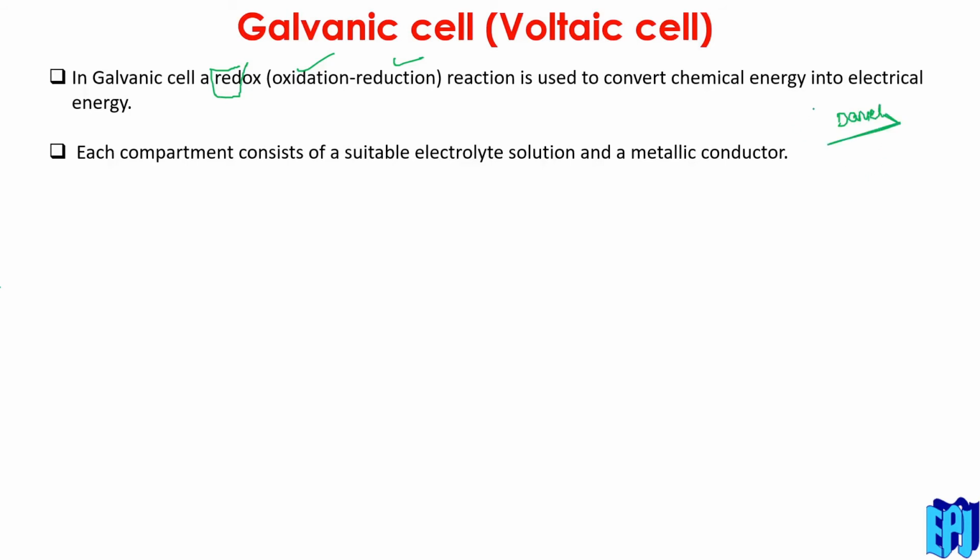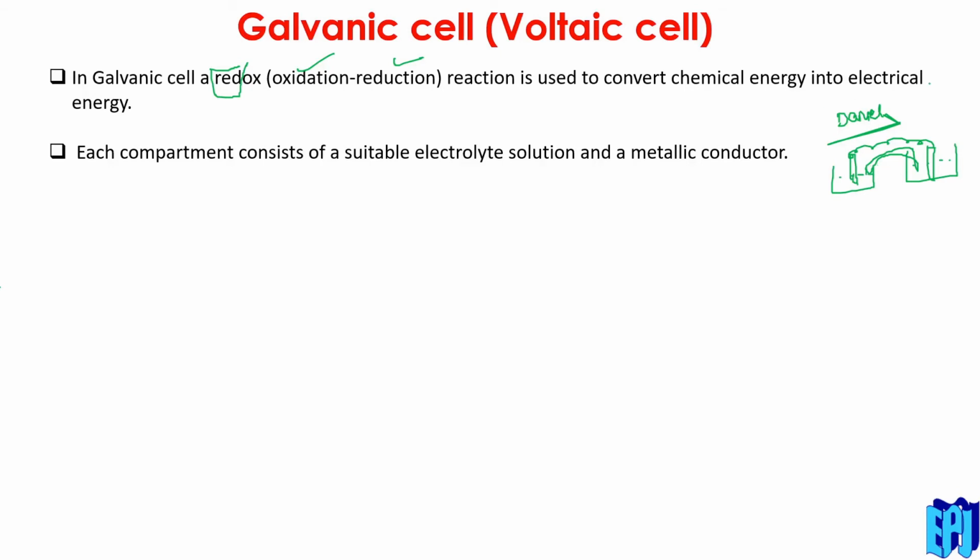What I mean by Daniel cell means there are two beakers, and the first beaker consists of zinc sulfate solution, and there is a zinc rod, and the next consists of a copper solution, in which copper is dipped, and they are connected, and there is a salt bridge placed between them. This is known as Daniel cell. So this is an example for a galvanic cell.